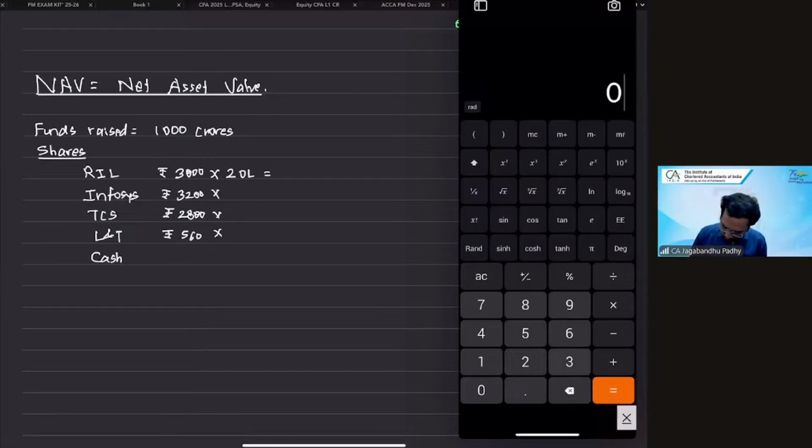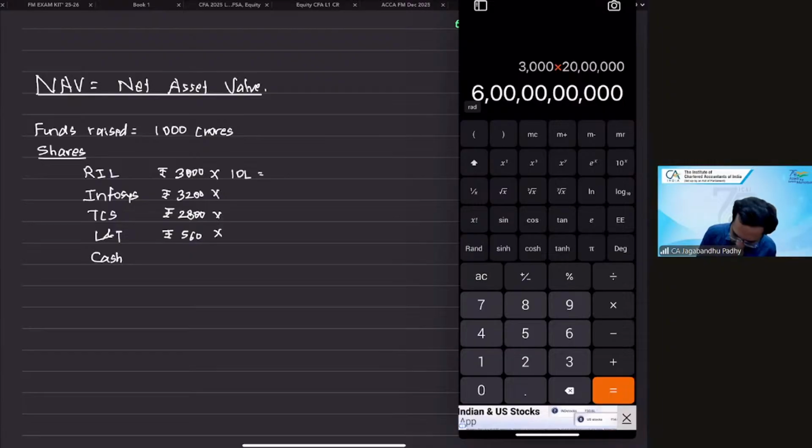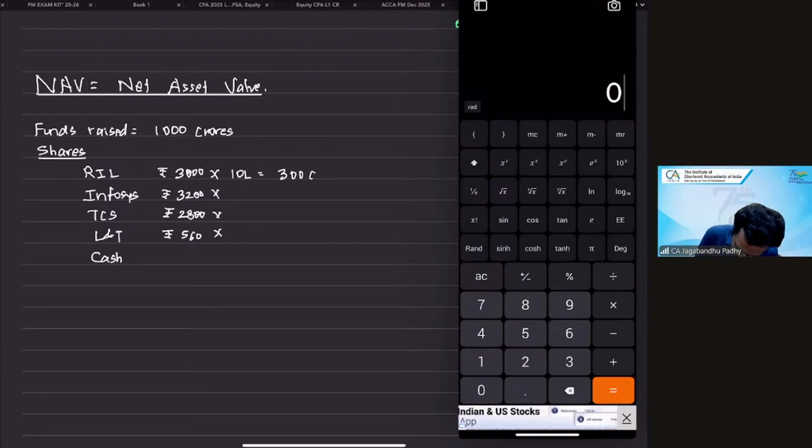Okay, I need to change the number. Let's keep it as 10 lakh shares only. So can I say it will be 300 crores?